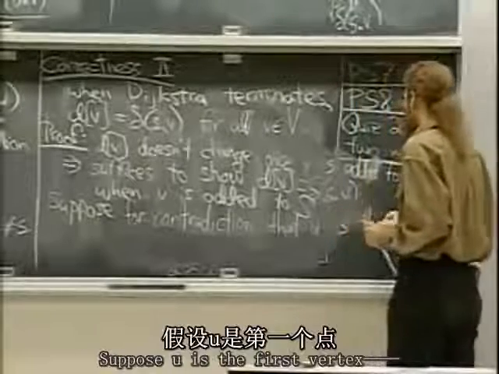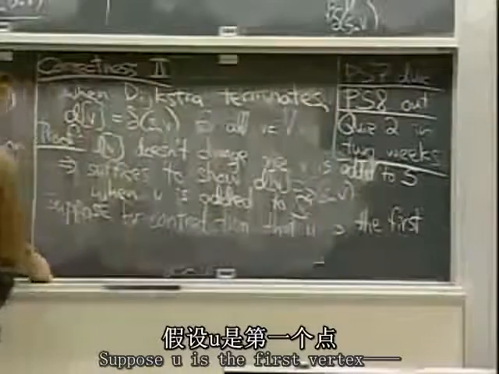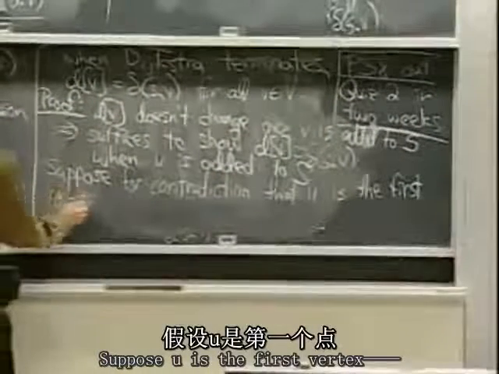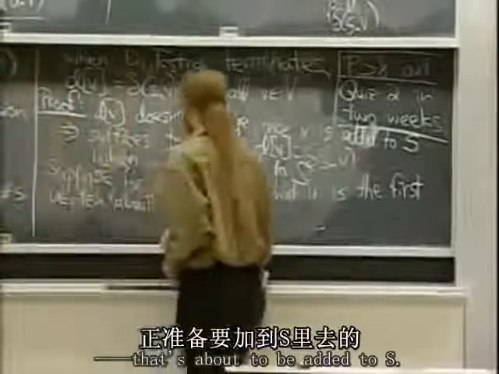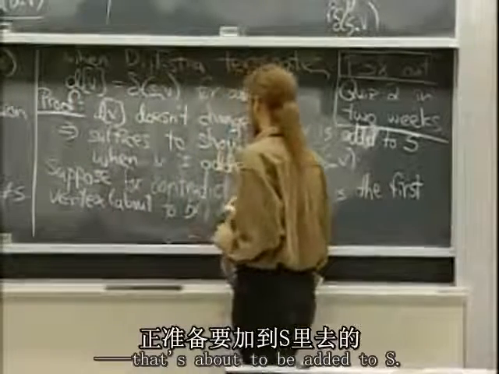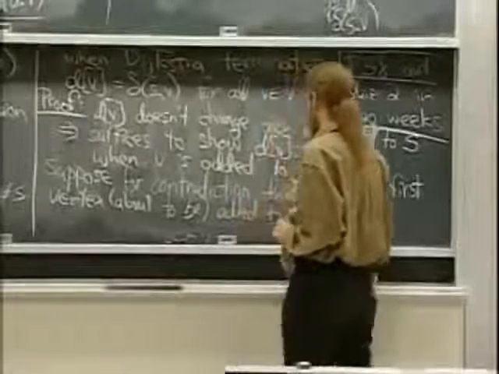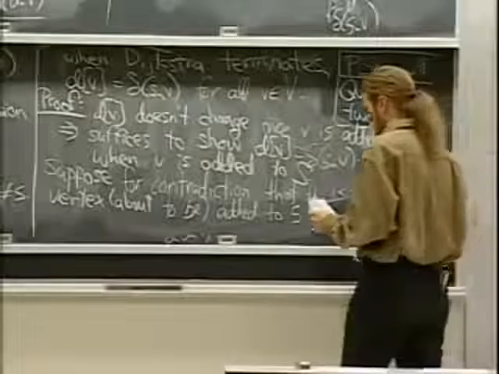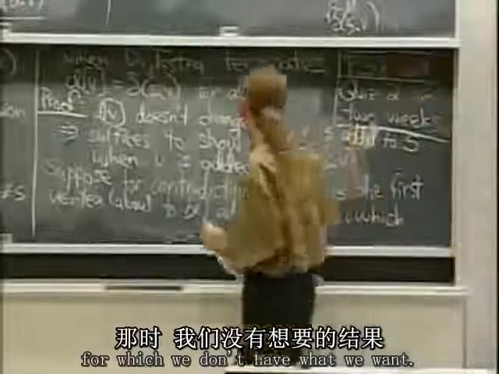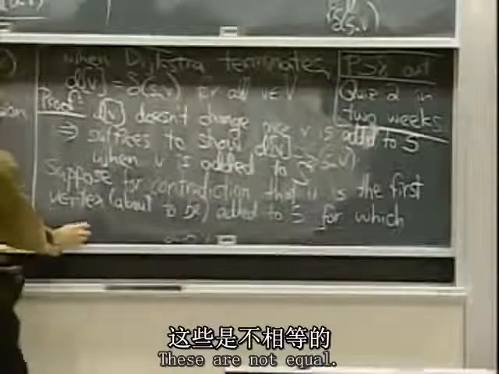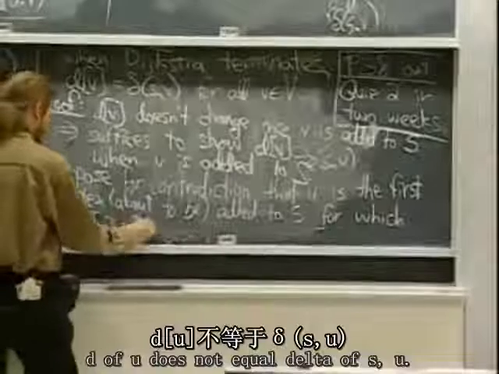Suppose u is the first vertex that's about to be added to S. I want to consider the time right before it's added to S, for which we don't have what we want. These are not equal. The d of u does not equal delta of s comma u.